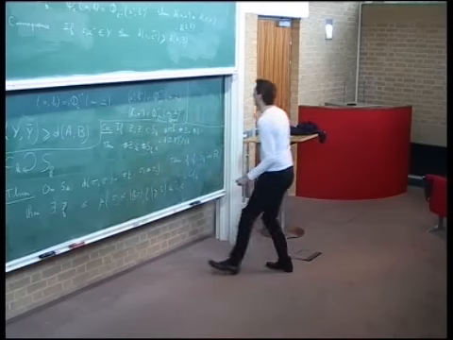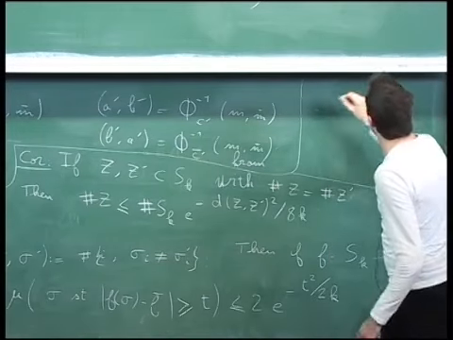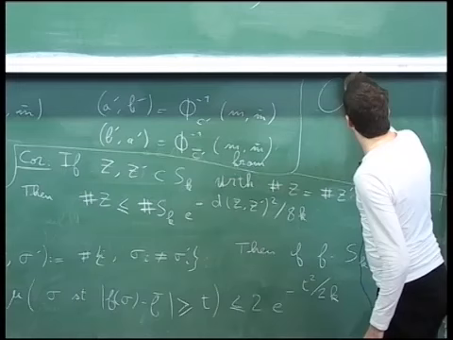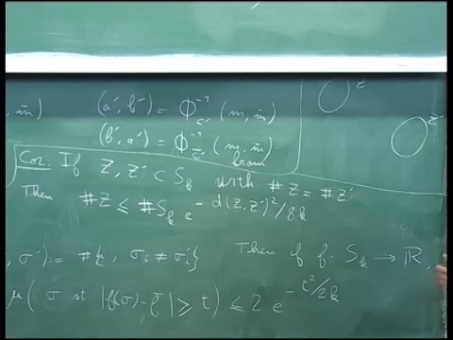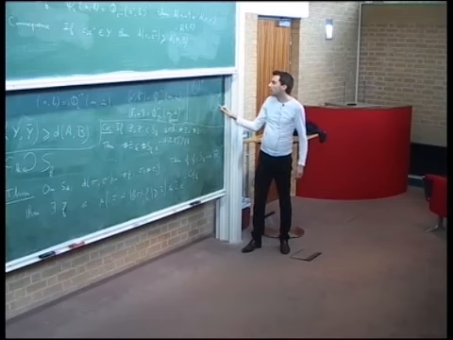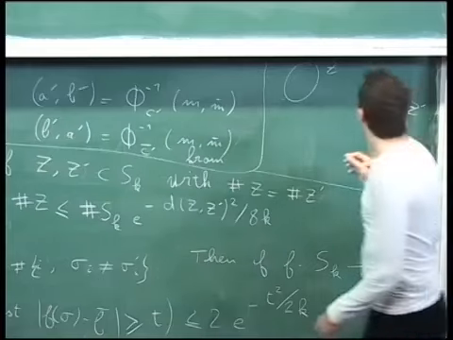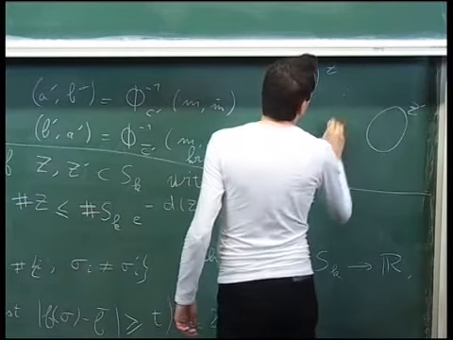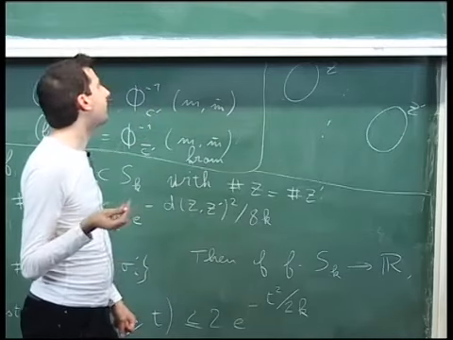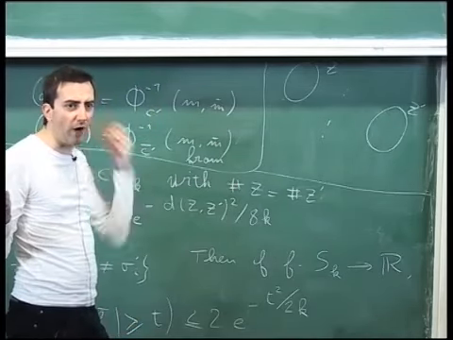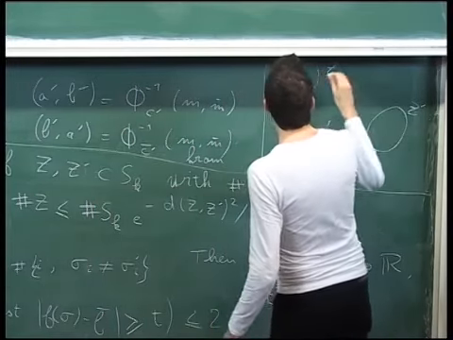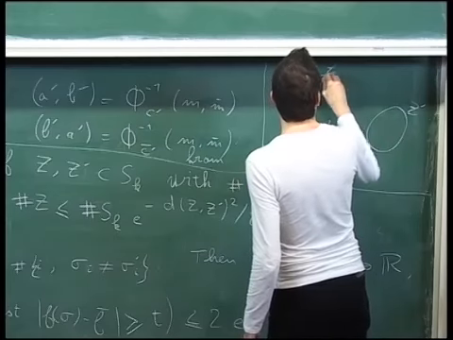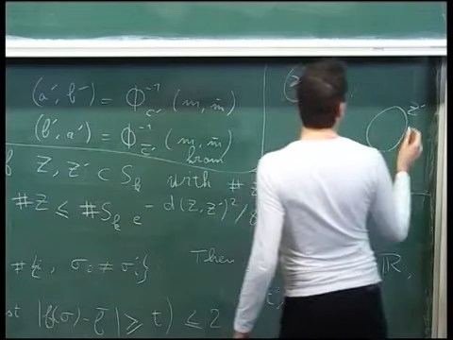Why is that? Because you have z prime, and you define the function which is basically the signed distance between z and z prime. So it's 1/2 the distance from z minus 1/2 the distance from z prime, say. This function is at least dz prime over 2 on z.